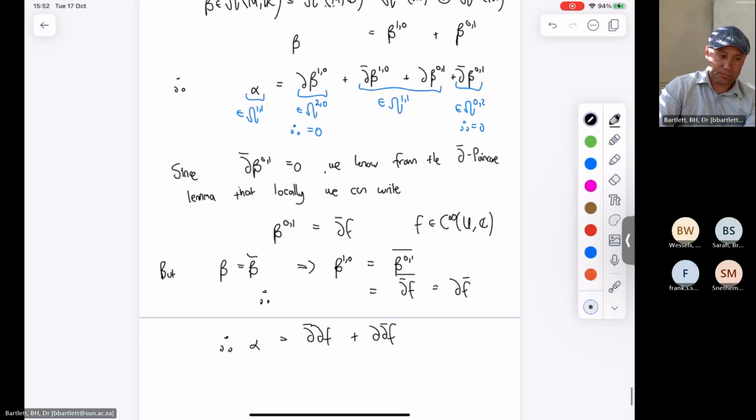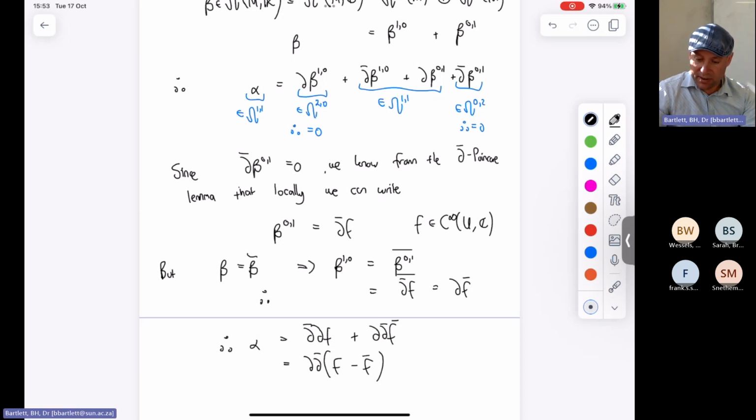And because del bar del is minus del del bar, that's the same as del del bar of f minus f bar. I think I forgot an f bar here.